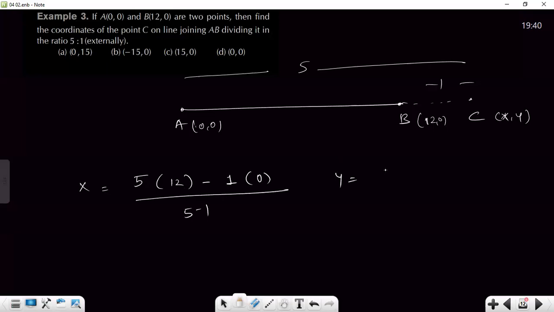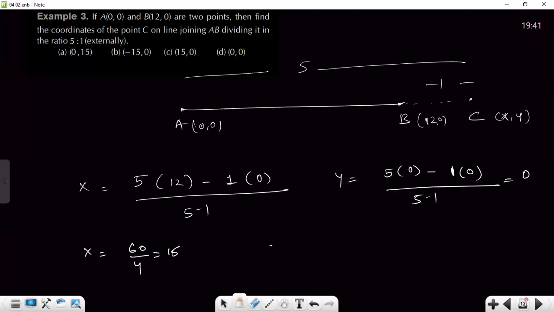For Y, M1 Y2, which is 0, minus M2, that is 1, into Y1, that is 0, upon 5 minus 1. So simple, that becomes 0 by 4, that becomes 0, and X comes out as 60 upon 4, which is 15. The point is 15, 0. Option number C is our correct answer.